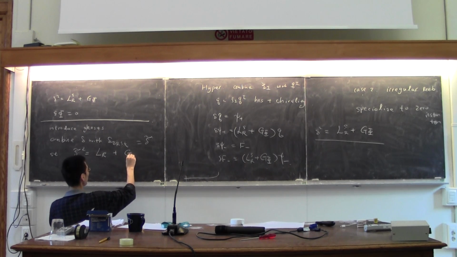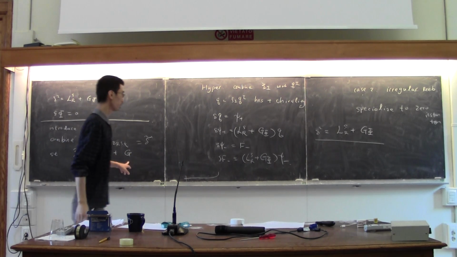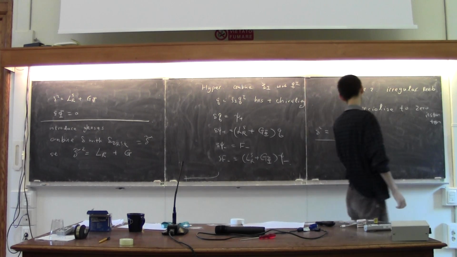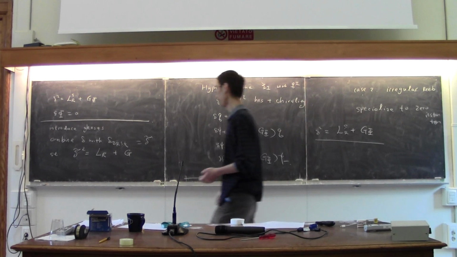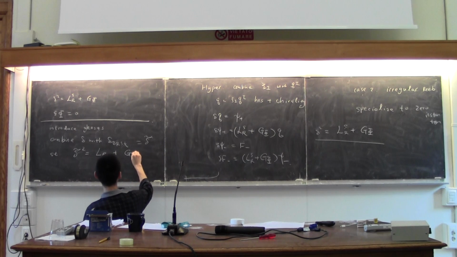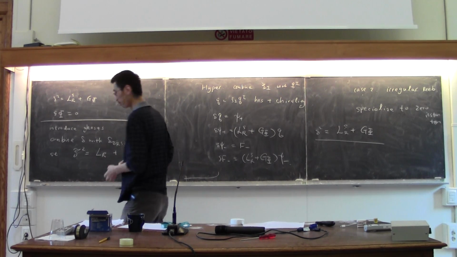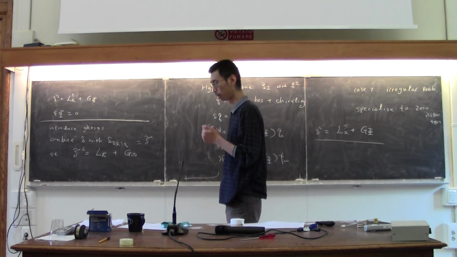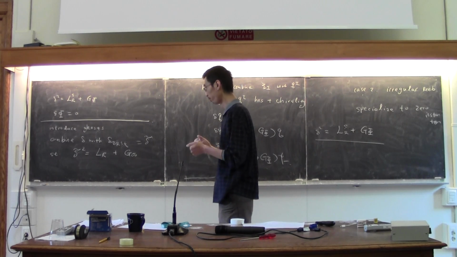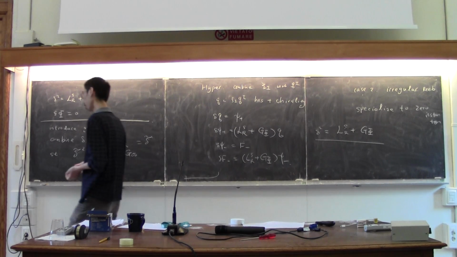Now the gauge transformation in this case is no longer generated by this field, but rather by sigma 0. Recall that sigma 0 is the modulus for the scalar field sigma.